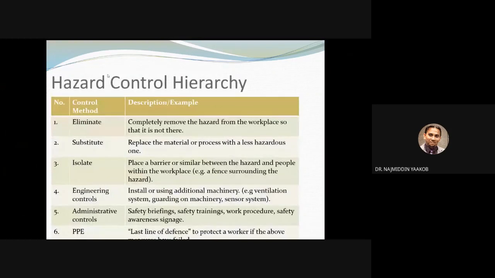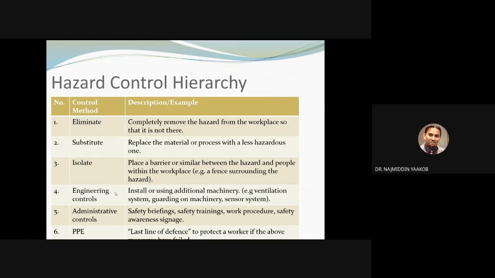These are the hazard control hierarchy. The first, in order to eliminate the hazard, is to eliminate it: completely remove the hazard from the workplace. If you cannot do this, number two is to substitute or replace the material or process with a less hazardous one. The third one is to isolate: place a barrier or a barricade near the hazardous workplace.